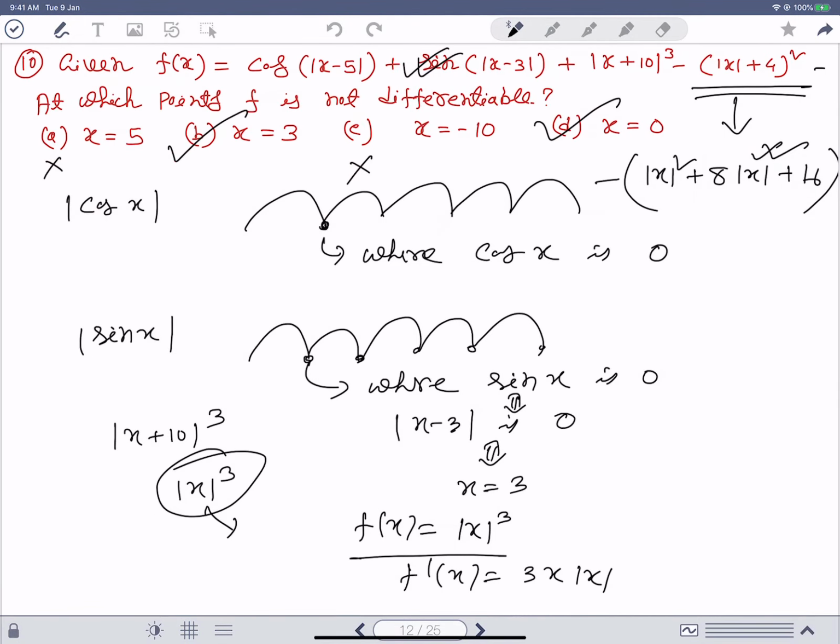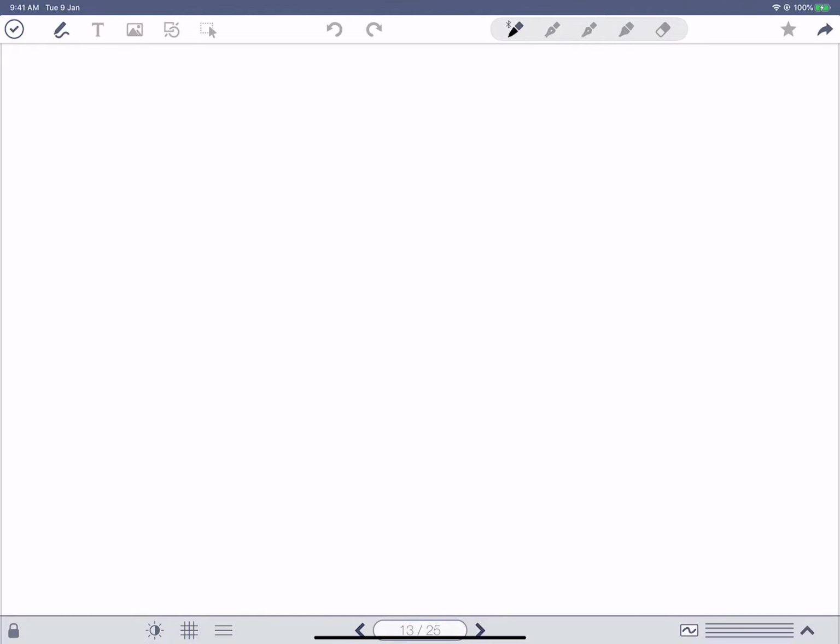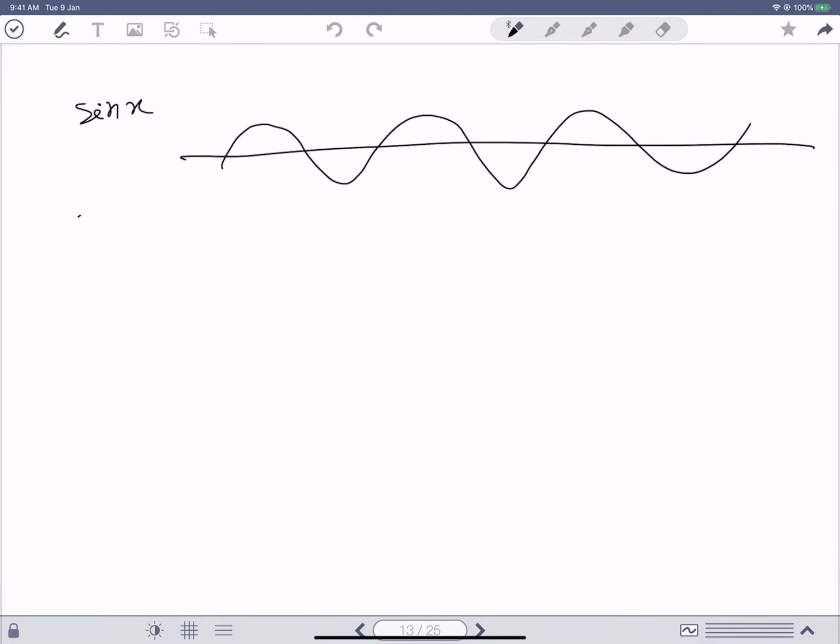Sir, can you explain it again, please? Yeah, of course. So, first of all, last time I told you that whenever you have a sin x graph or cos x graph, anything like this, the graph is this, right, in this way. Now, there will be somewhere pi by 2, 3 pi by 2 and so on.